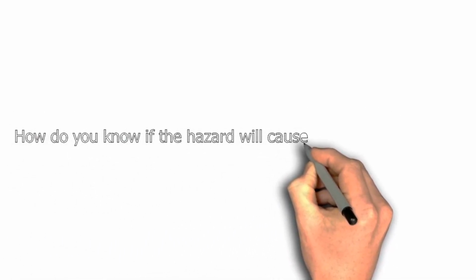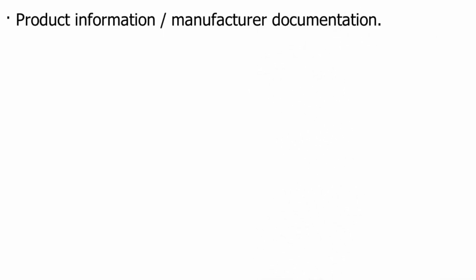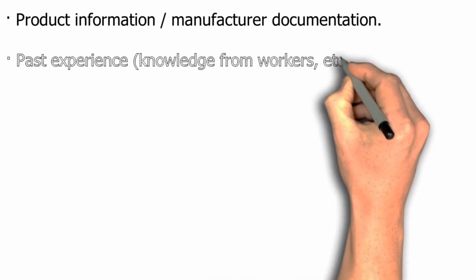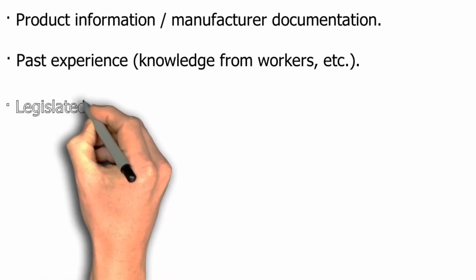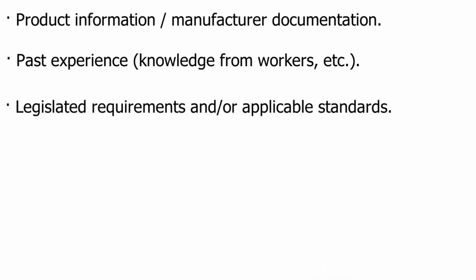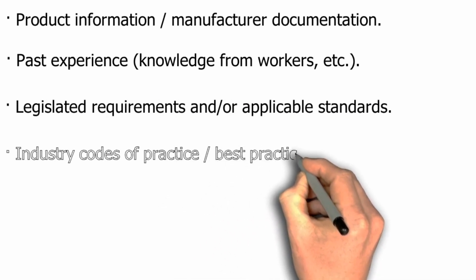How do you know if the hazard will cause harm, poses a risk? Product information, manufacturer documentation. Past experience, knowledge from workers, etc. Legislated requirements and/or applicable standards. Industry codes of practice, best practices.